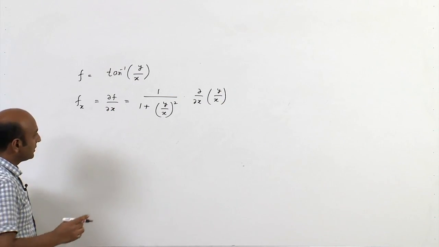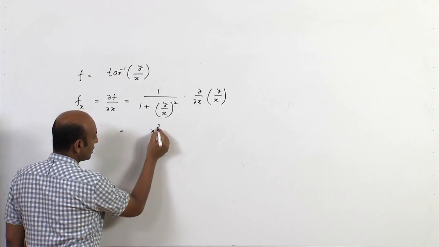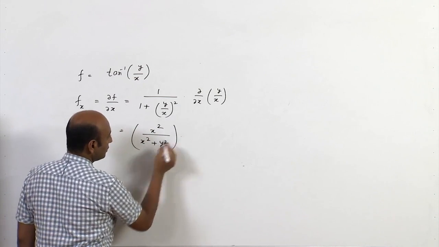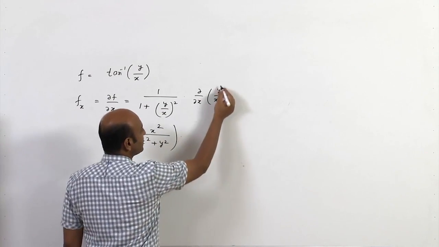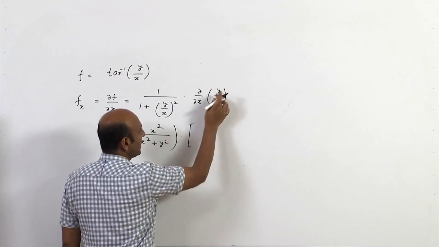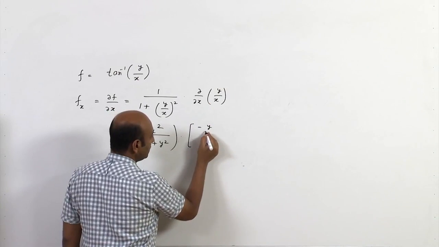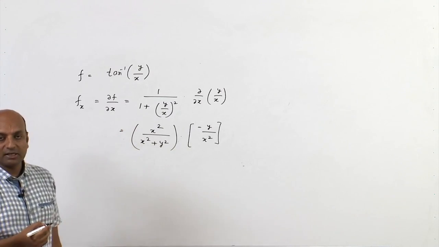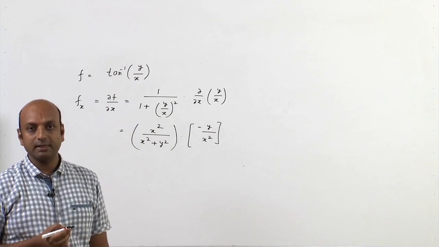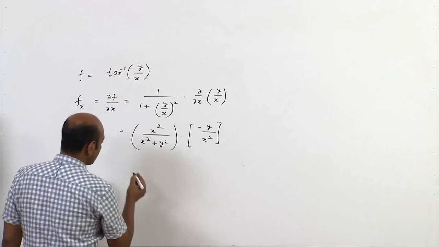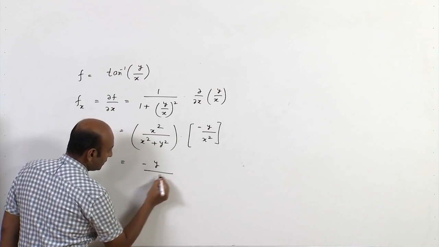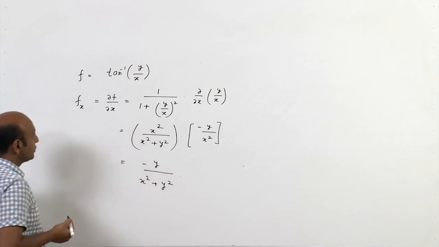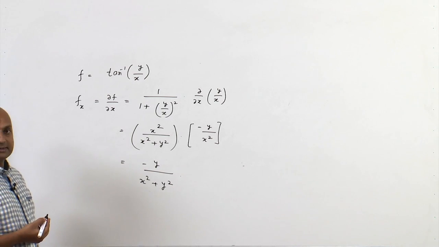This is simply equal to x square upon x square plus y square into, now partial derivative of this with respect to x, you have to take y as a constant, it is minus y upon x square, because derivative of 1 upon x is minus 1 upon x square. So, it is minus y upon x square plus y square. So, this is del f upon del x.